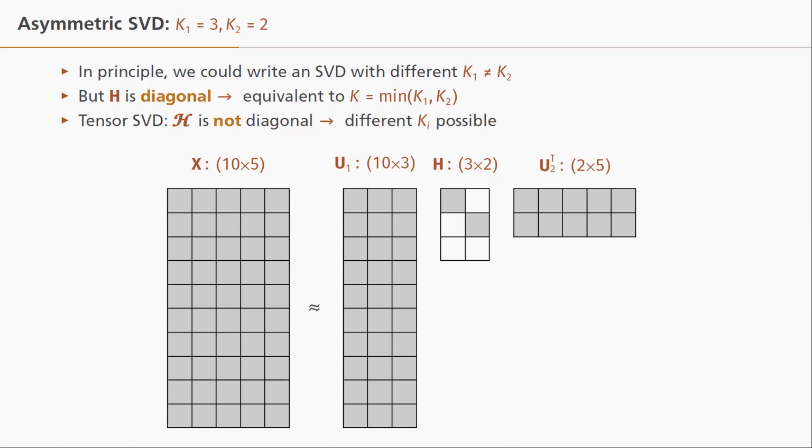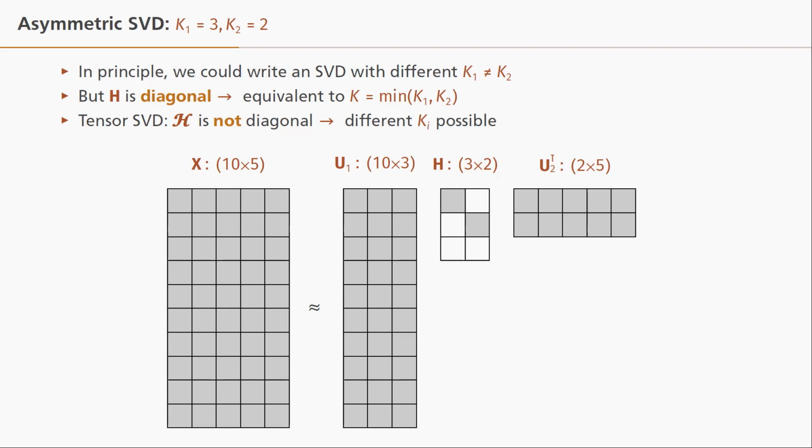One key aspect of the tensor extension is that what is similar to H will not be diagonal. Therefore, we will have a different number of factors in each dimension. That's the one difference: for the tensor case, we will have a K1, a K2, and a K3. So a different number of factors in each dimension.